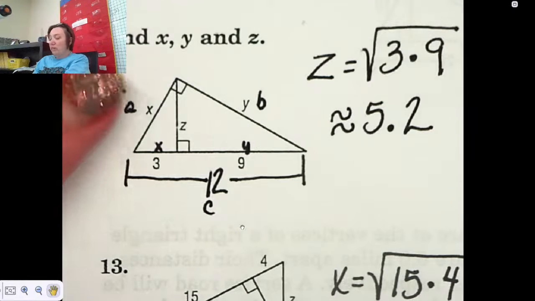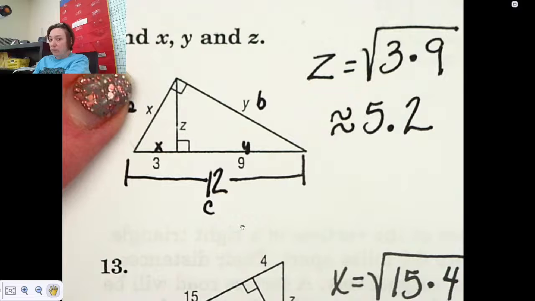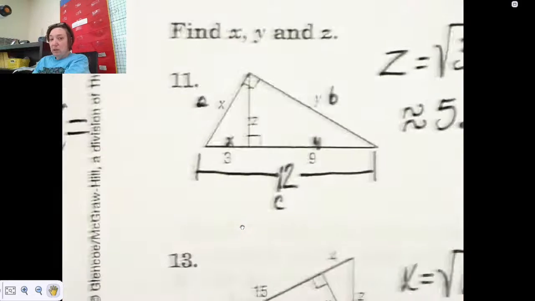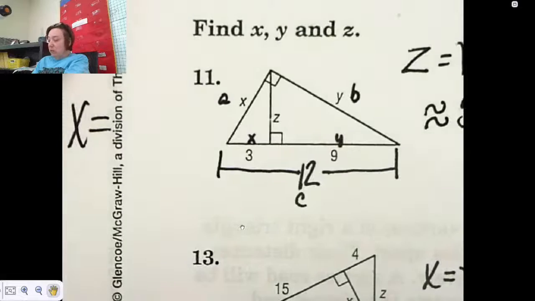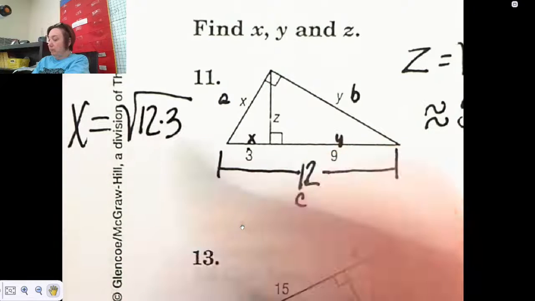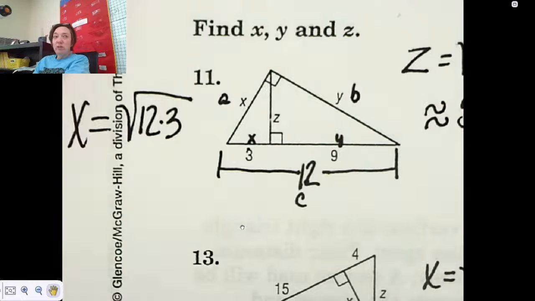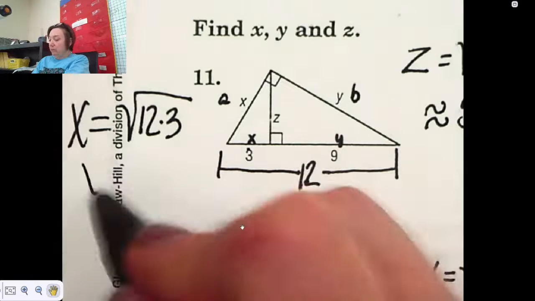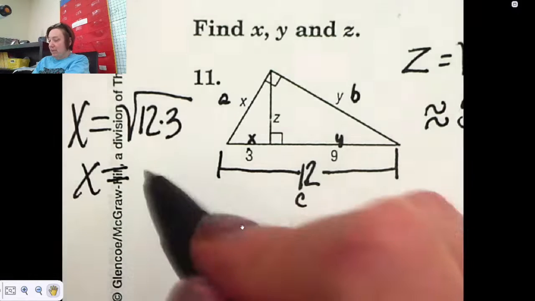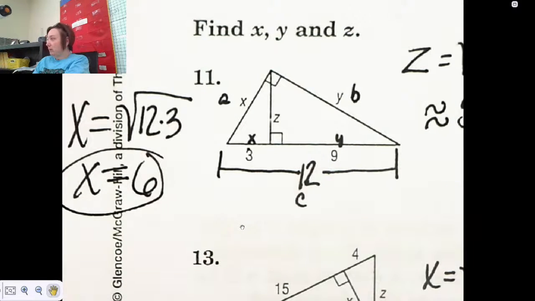So if we want to find A, which is their X, we're going to set up where X equals the square root of 12 times 3. Does everybody see where I got those numbers from? What is that? 6, straight up 6, right?